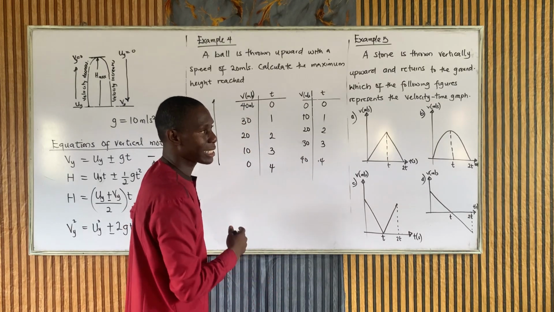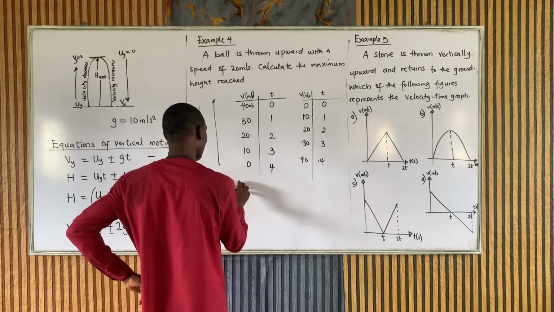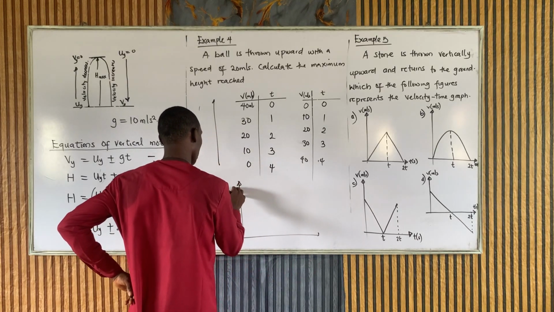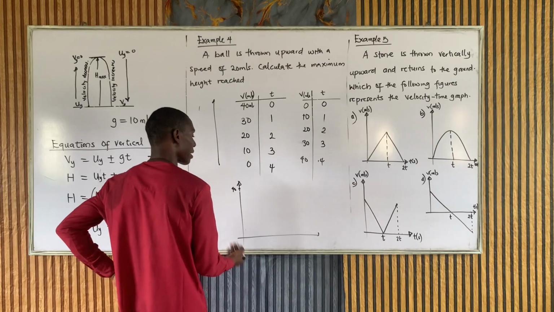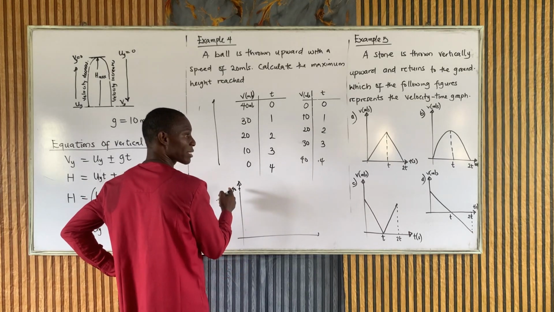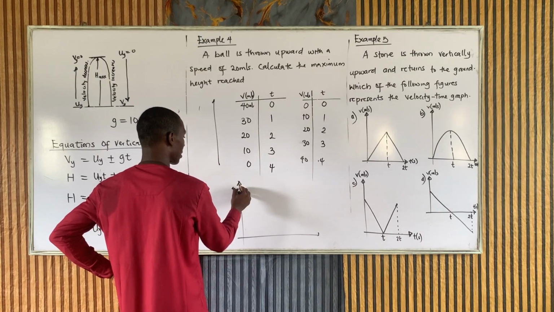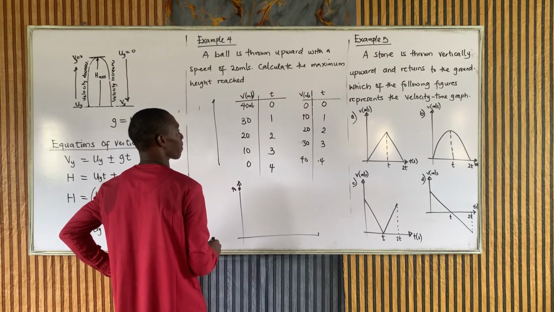Now, if I want to plot a graph of this, how would it look? Well, quite easy now. Your maximum velocity is 40, and minimum is 0. So, at 40 meters per second, what was the time? When it's going upward, the time was 0. That will be somewhere here.